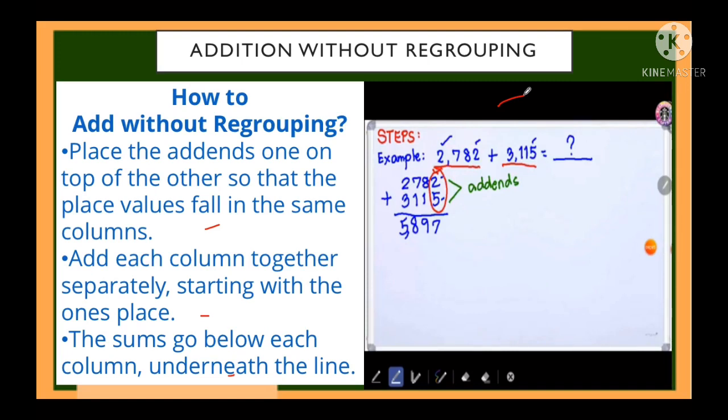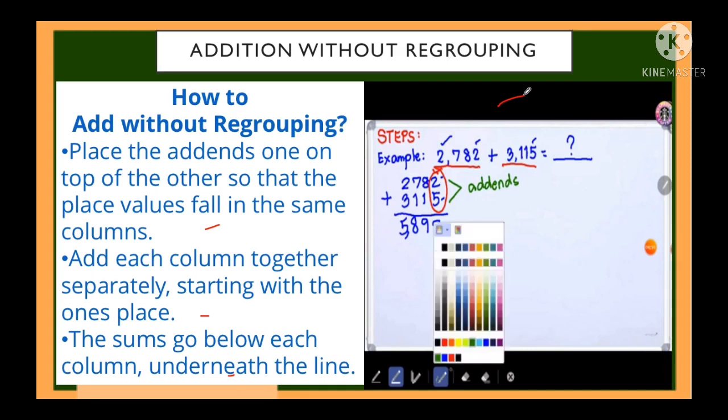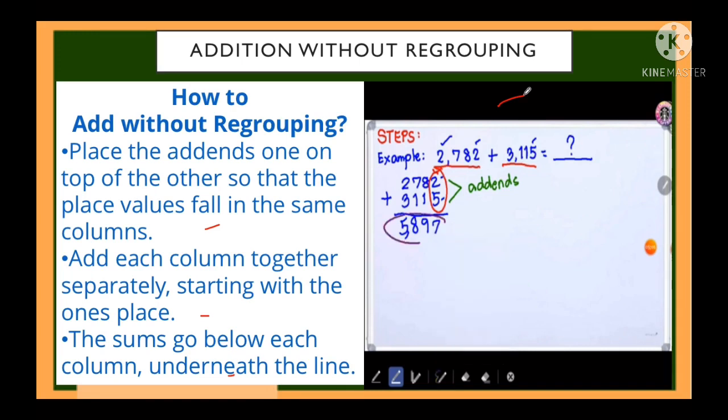So we have the addends, and the answer of our addition is what we call, what do you call this? The answer is what we call the sum.